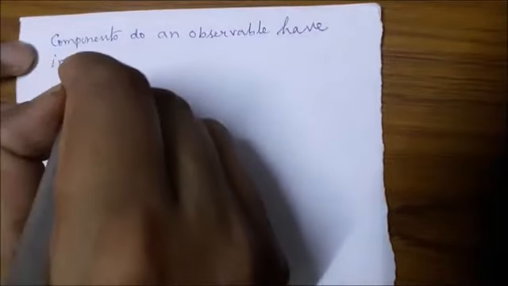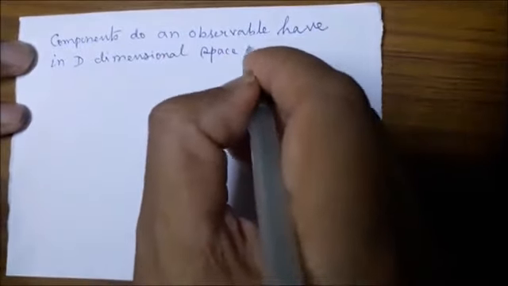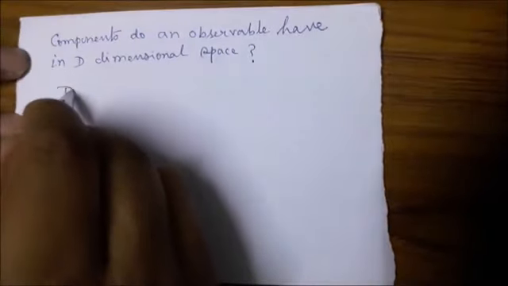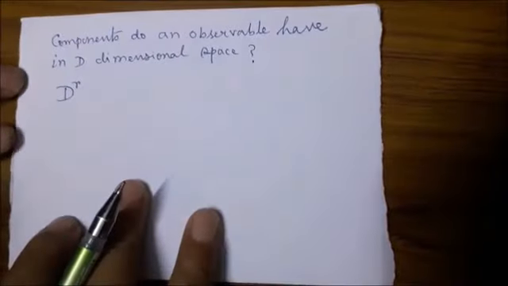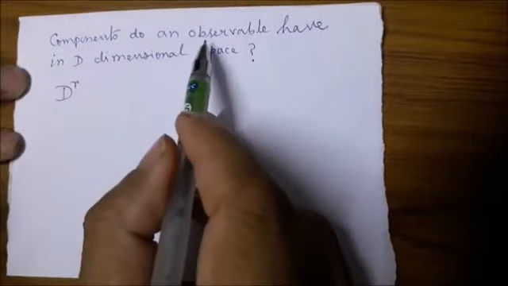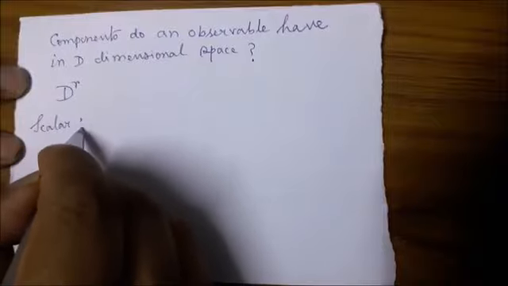How many components does an observable have in d-dimensional space? And the answer is d to the power r, where d is the dimension and r is the rank of the physical quantity or observable under consideration. Let us consider a scalar quantity.